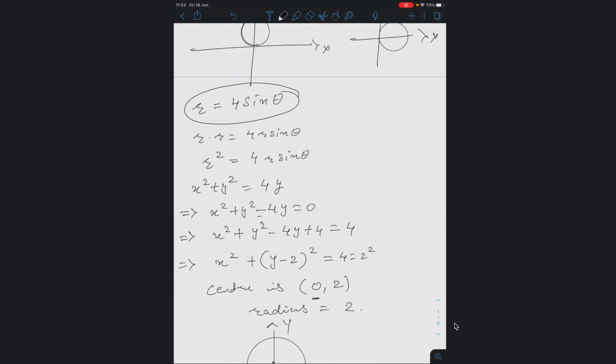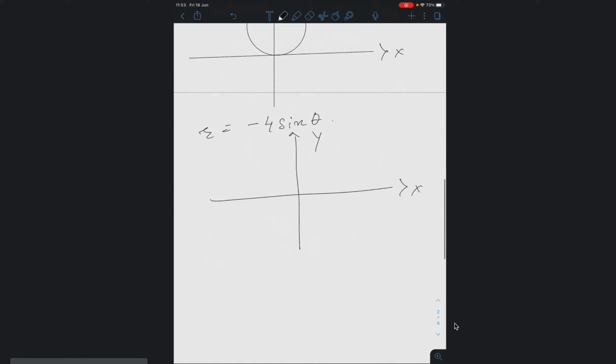The center will be negative, and instead of the minus sign you will have a plus sign here. Are you able to see x square plus y square plus 4y I will have here? So again, sine theta gives the circle on the y-axis, and because of the minus sign, you will get the circle on the negative y-axis.